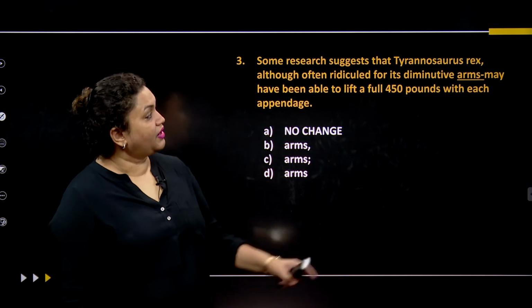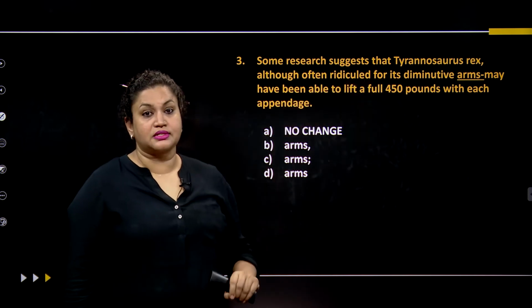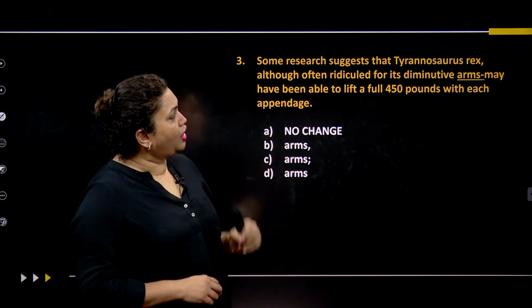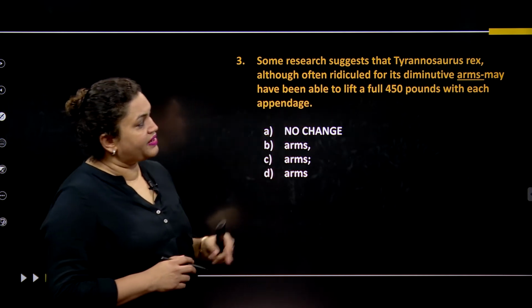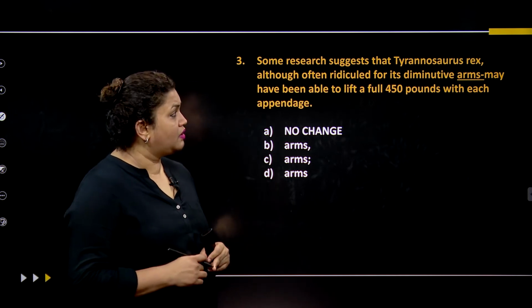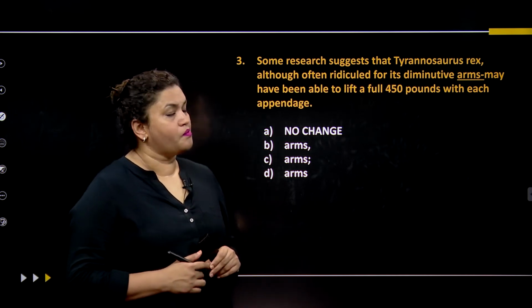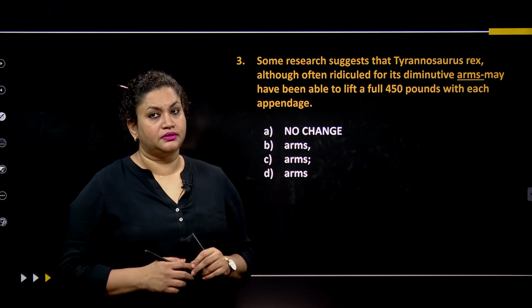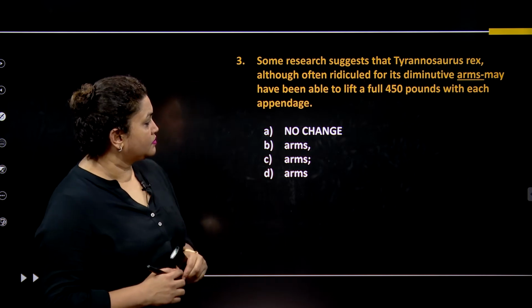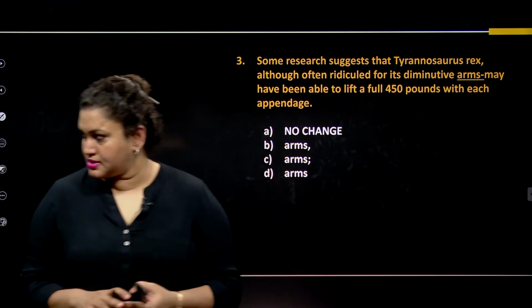Now here again we are talking about the Tyrannosaurus rex, and from here we are talking although often ridiculed for its diminutive arms, and then we are introducing the whole thing. So check which one should be the right answer.